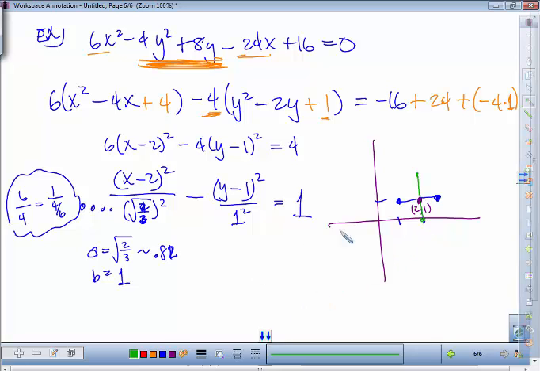And what I could do is draw a box, and then draw lines passing through the diagonal.